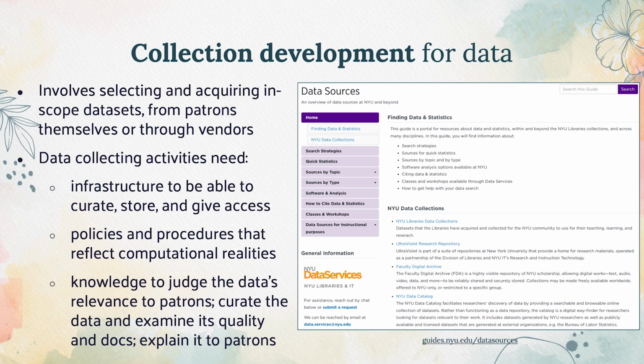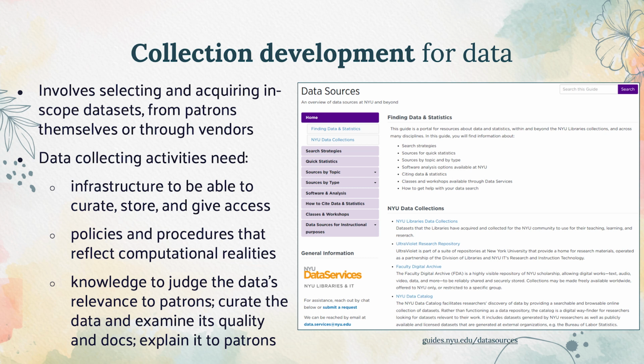And so collection development involves things like selecting and acquiring data sets for patrons, either from them themselves or through vendors. To be able to successfully do data collecting, though, you need to have some infrastructure to store the data, because vendors will give it to you in lots of different forms, and you have to accommodate that or try to find a way to accommodate that. Some policies and procedures that just reflect the reality of how to work with data, like you can't download 5 terabytes from a web browser.